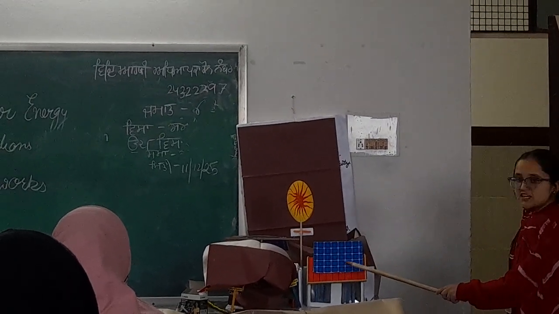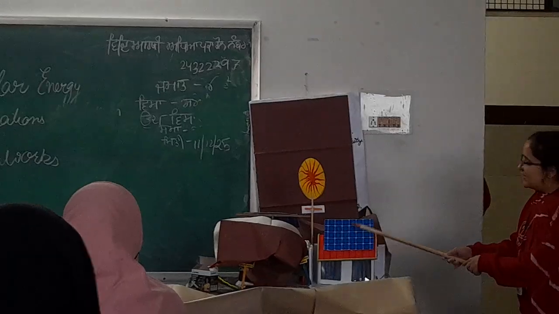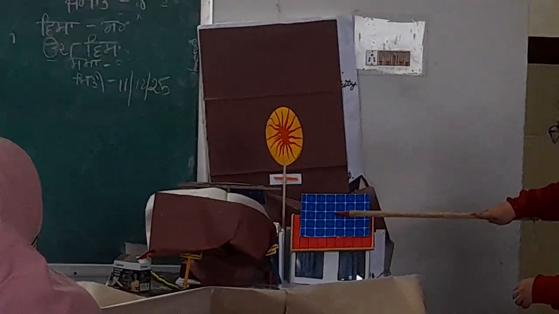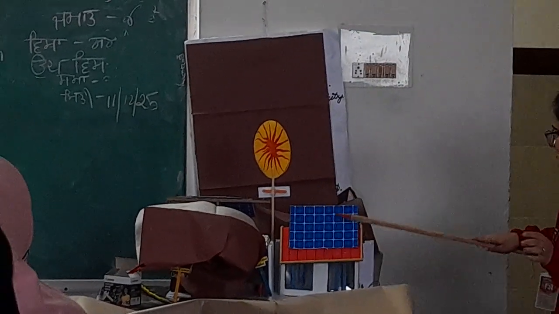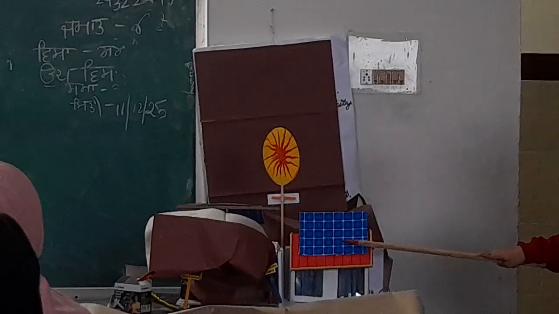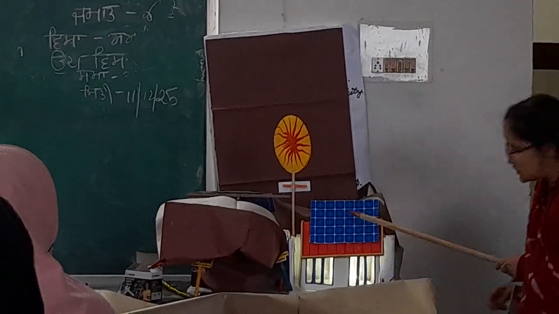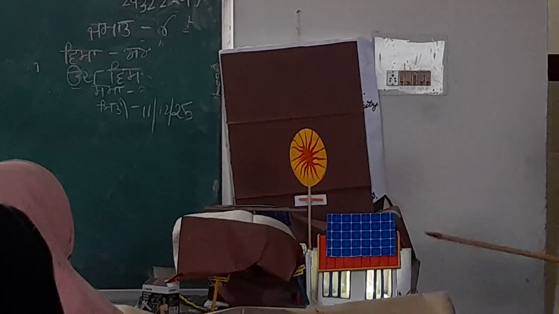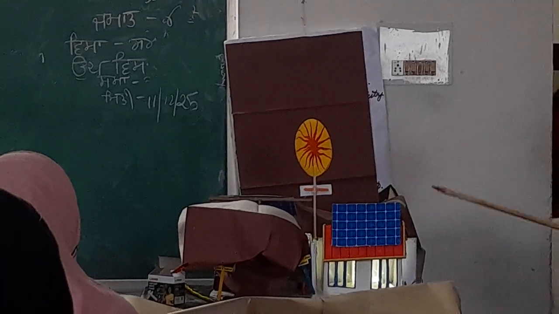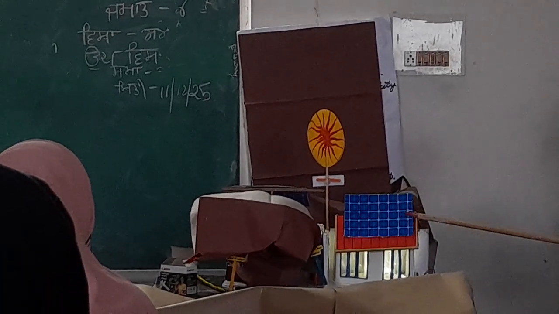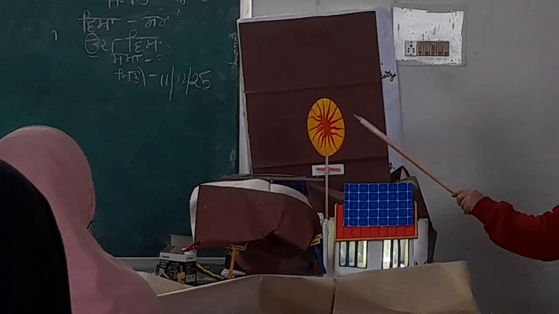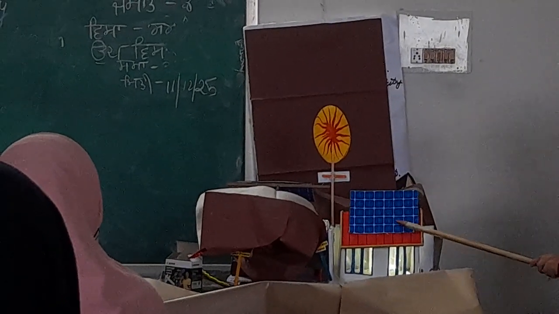This plate is a solar panel. It has tiny cells. So when the sunlight falls, these cells grab sunlight and convert it into electricity, and the electricity is produced, as you can see here. So that was the reason only the Romans' house had light. Other people did not have light because they did not use solar energy with the panel.